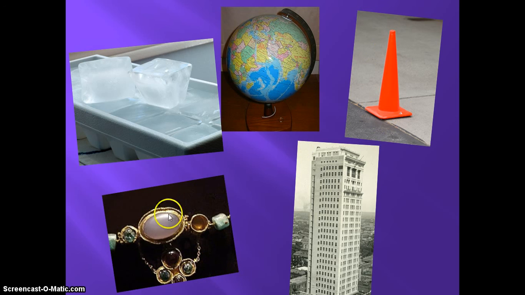And then right here we have our jewel in the middle, but what would we call this 3D shape if we were to hold on to it? It's not an oval. It sounds the same though. It's an ovoid. Yep. And then right here we have a skyscraper. But it's not just a rectangle because it doesn't just have this side.